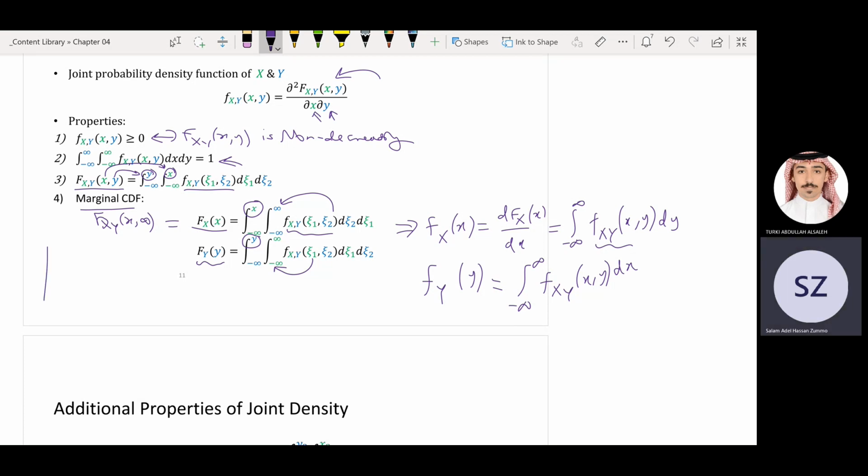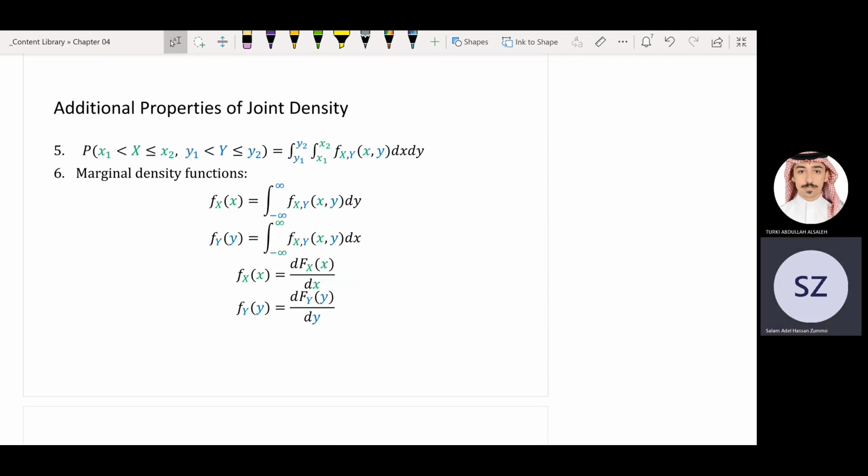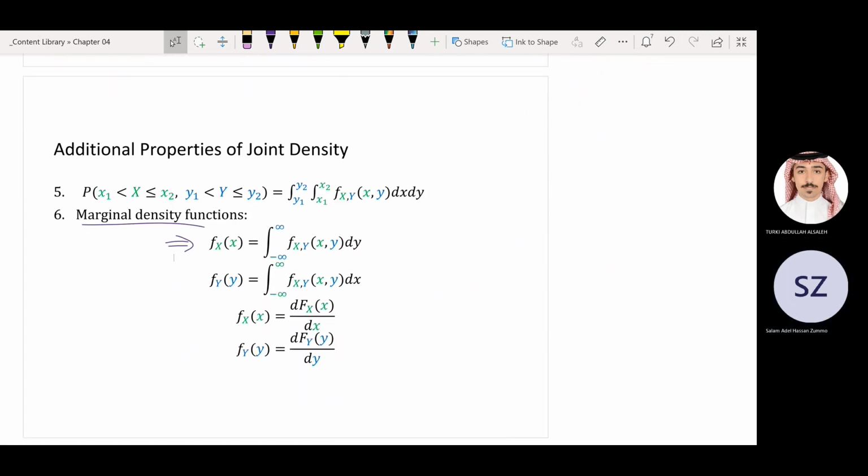Okay, let's move on first, and maybe we can come back to it later. So now this is basically the concept that I was talking about, marginal density. Derivation here: why do we get this? Because when I differentiate this with respect to x, the whole outer integral disappears and only one integral with respect to y remains.